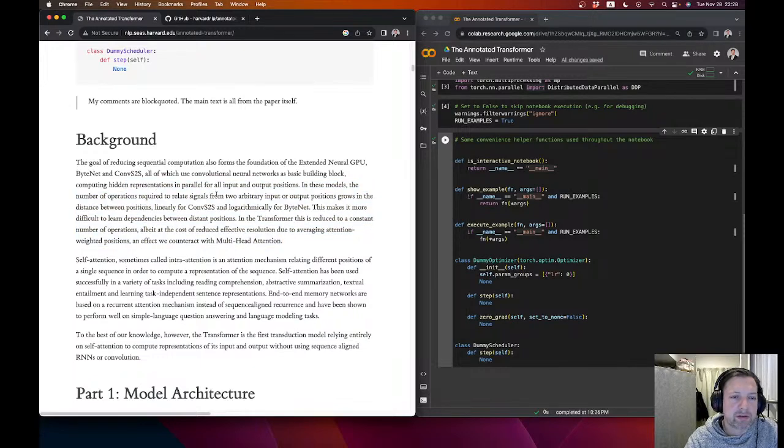Like it says here, rather than requiring more compute for tokens that are further apart in the input, the transformer structure, using these attention heads, does this in a constant number of operations, but then what you get is just an average from these attention heads rather than relating individual positions.